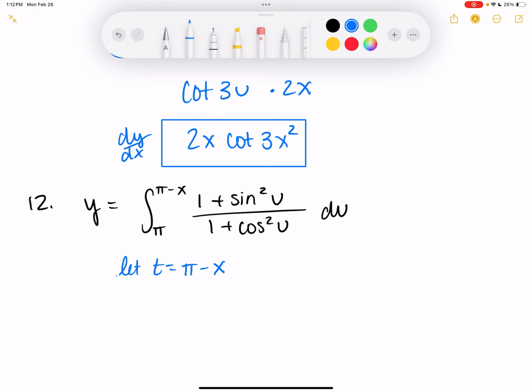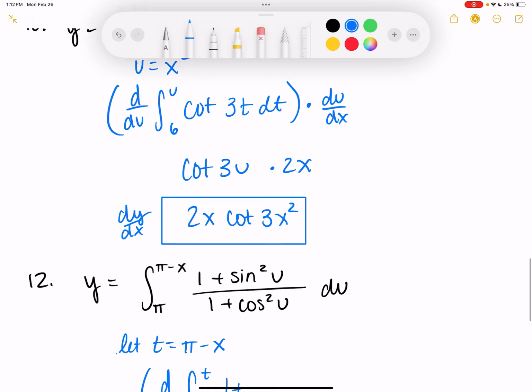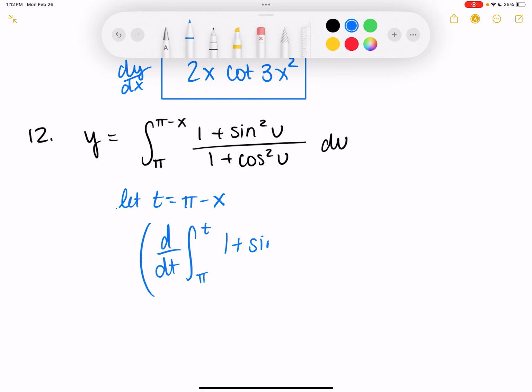Do d dt of the integral, well, we're not plugging it in yet. We'll do that in the next step. Times dt dx, right?